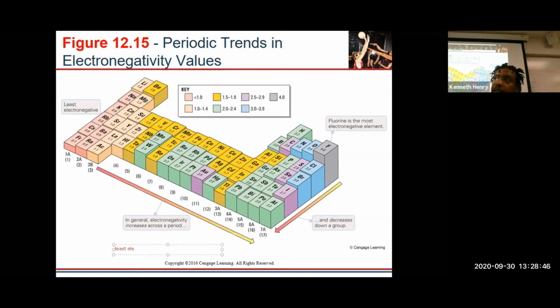Least electronegative will be in the center. Okay. Piece of cake? Good.